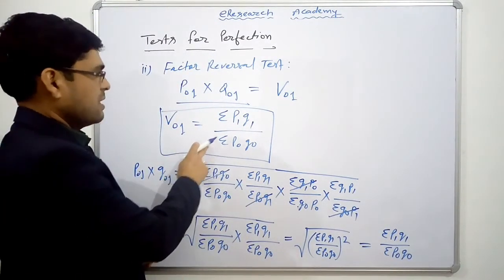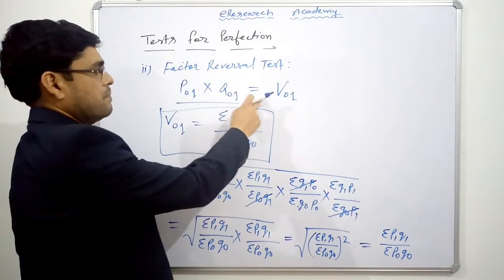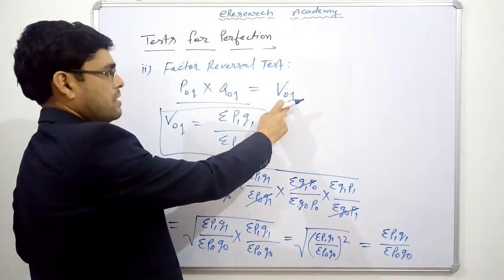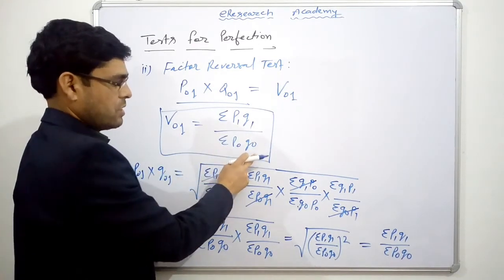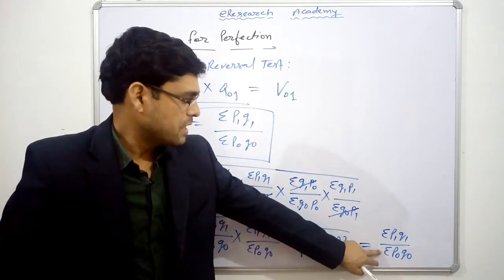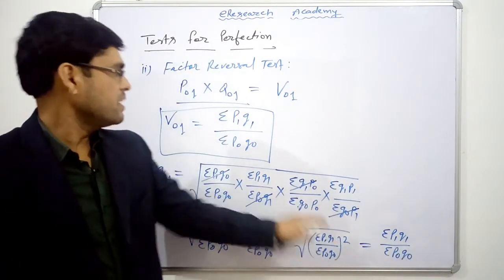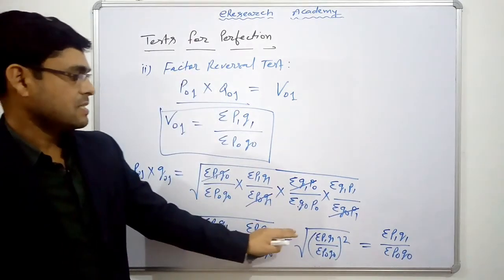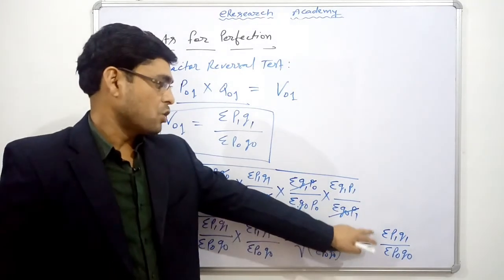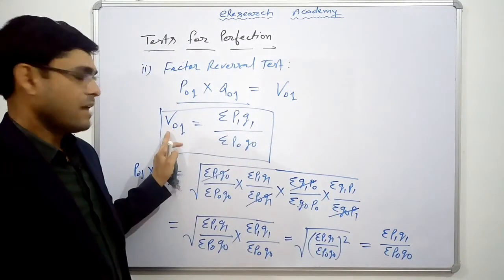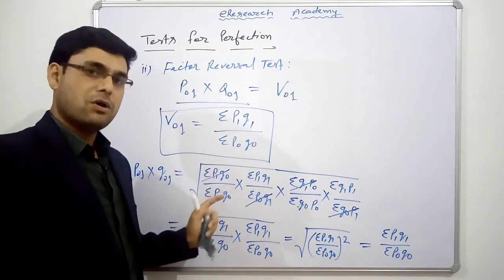So P01 into Q01 is V01, and V01 equals sigma P1 Q1 upon sigma P0 Q0, which is our output. This is how the factor reversal test is conducted. If the output is the same as the value index number, our method is appropriate, otherwise not.